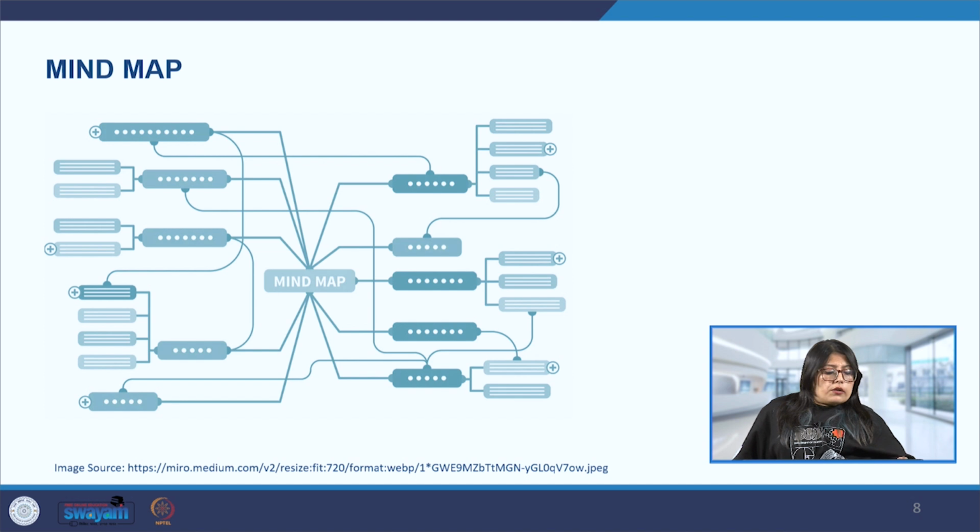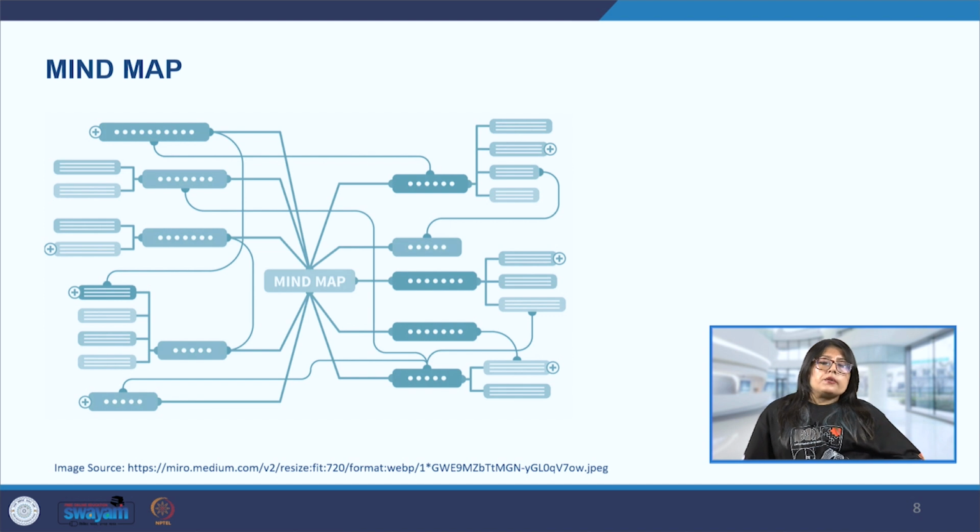So this is what visually the mind map looks like, wherein we can see the whole problem opened up in front of us, so that we can see all of the connected elements to the main problem that we have at hand.